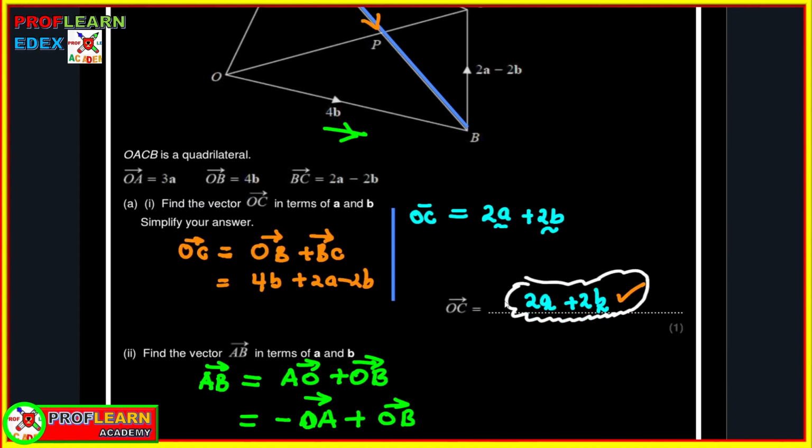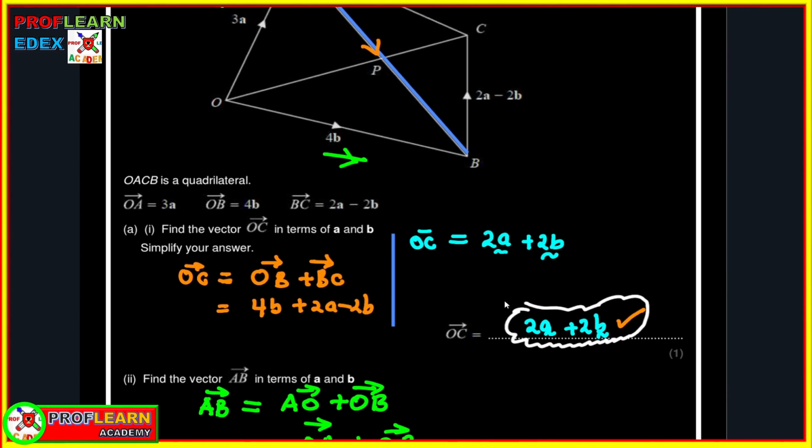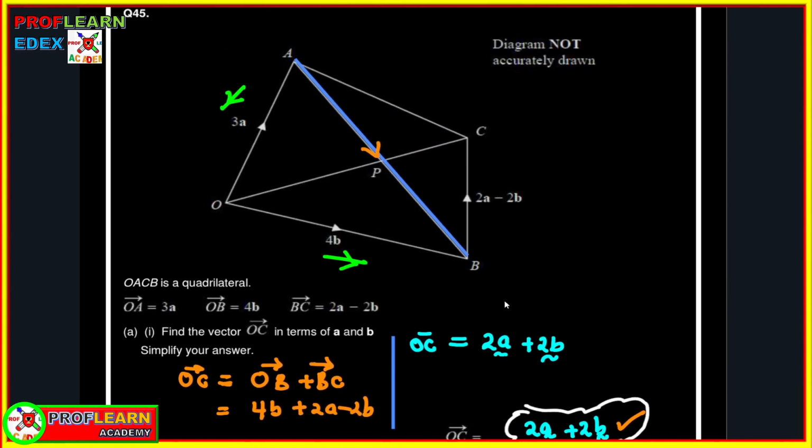Let's move down. We're supposed to find vector AB in terms of vectors A and B. For you to move from A to B, that's why I've indicated this arrow, the starting point is A and the terminal end is B. So we're going to move against the original arrow that was given, so we assign this to be negative 3A.